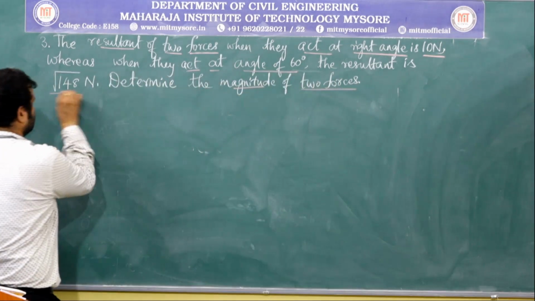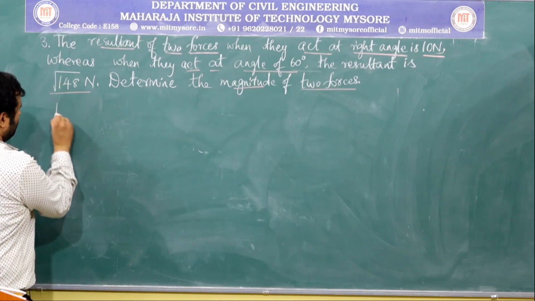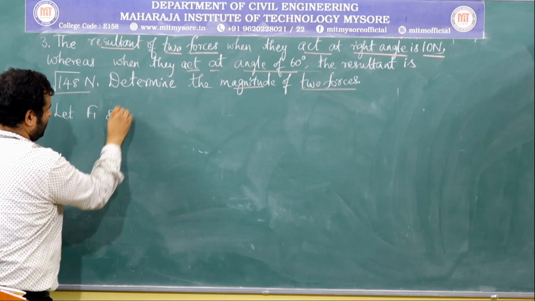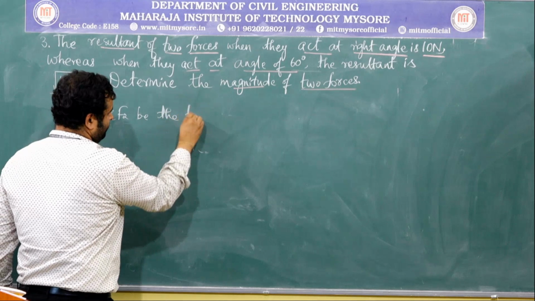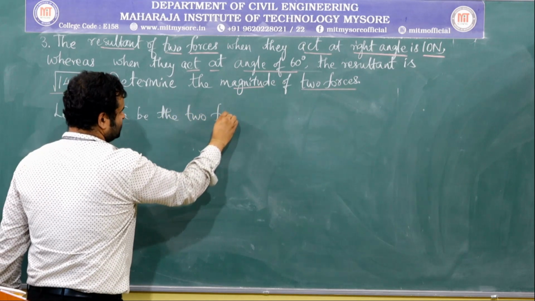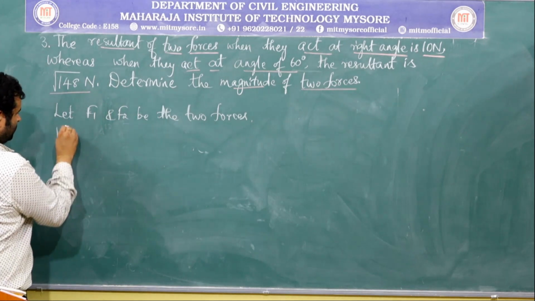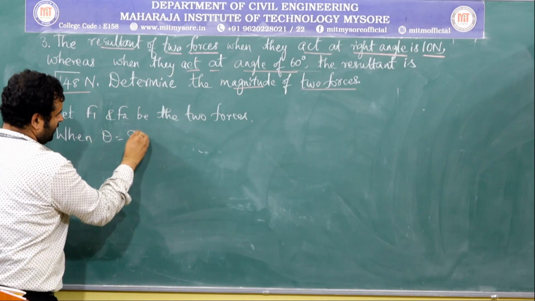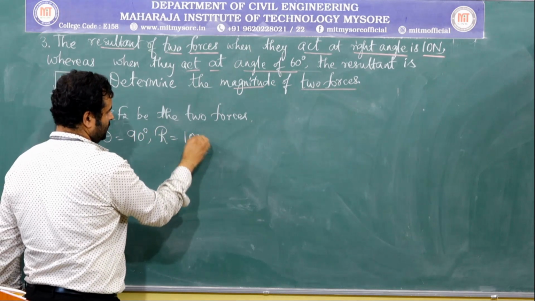Okay. So, let me start. Let F1 and F2 be the two forces. When theta is equal to 90 degree, resultant R is 10 Newton.